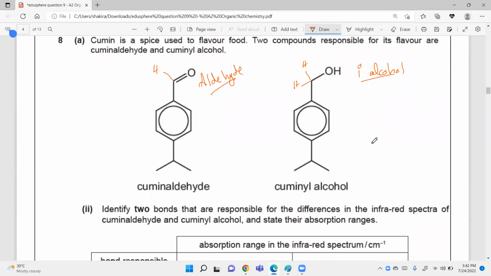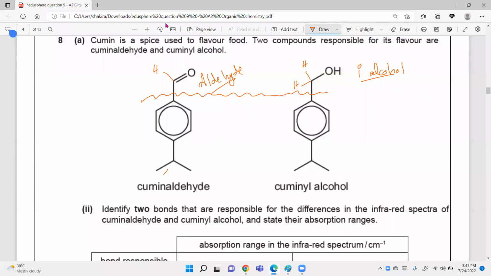Okay, it means, analyze this. This whole lower part of the two molecules, they are identical. So I'm not going to worry about the lower part of this molecule. I'll take only the part which is on top of both the structures.